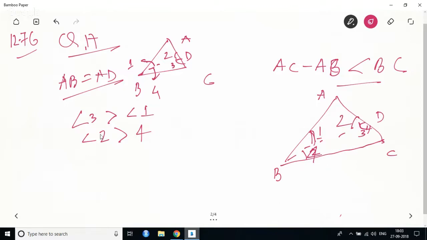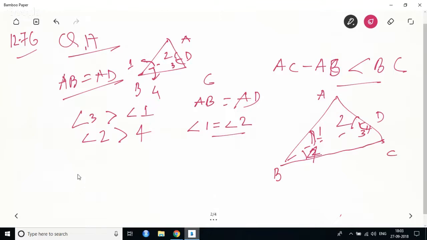Now try to understand. I have constructed AB equal to AD. So if AB is equal to AD, angle 1 would be equal to angle 2.